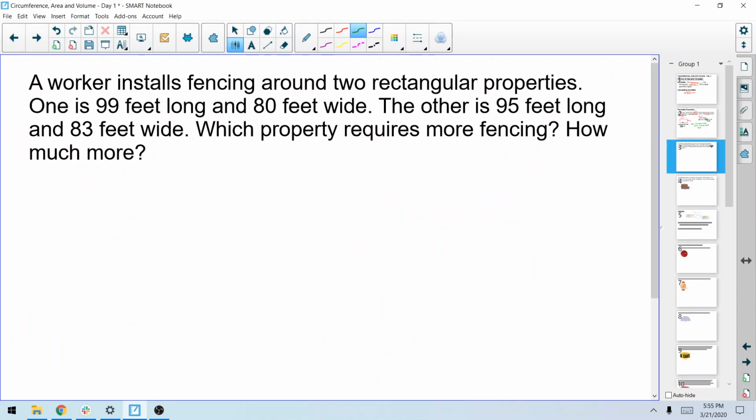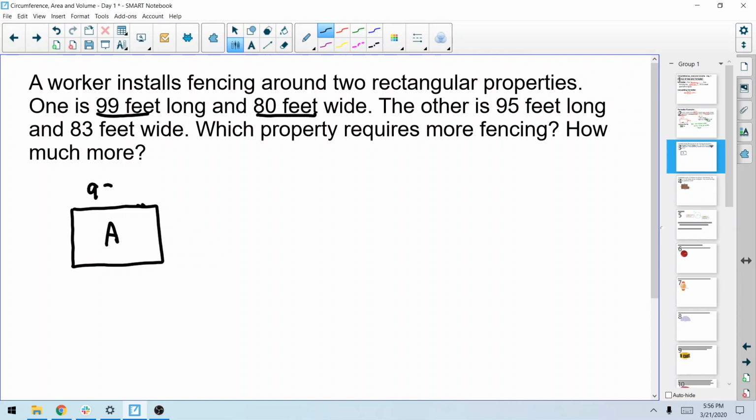Moving on. A worker installs fencing around 2 rectangular properties. One is 99 feet long and 80 feet wide. The other is 95 feet long and 83 feet wide. Which property requires more fencing, and how much more? I'm going to draw my first property and call it property A, 99 feet and 80 feet.